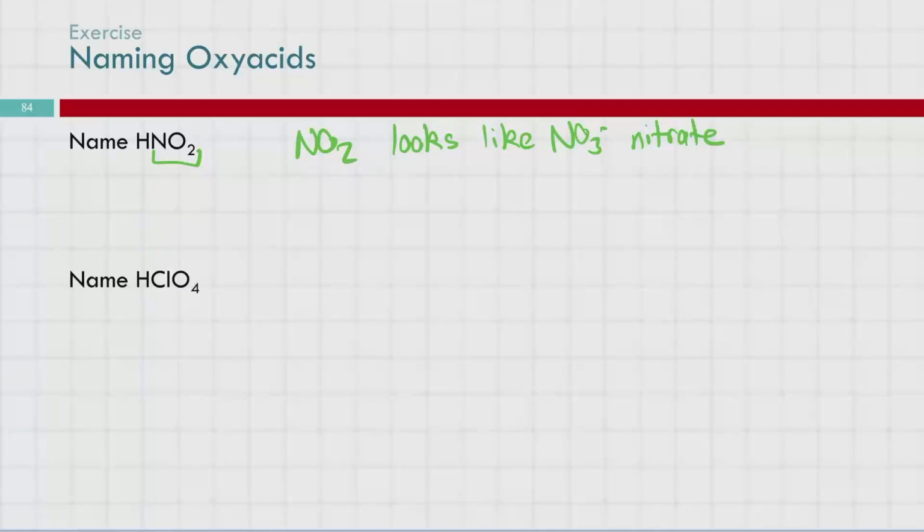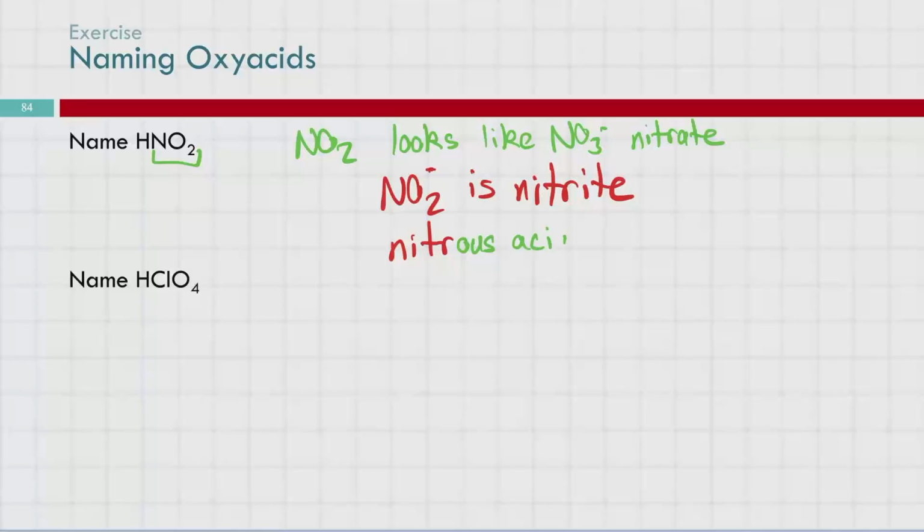That's one fewer oxygen. NO2 is nitrite because we took one of the oxygens off. And it has to have the minus, otherwise it would just be a molecular compound. So NO2 minus is nitrite. We change the ending of ite to us, and we add acid to the end. This is nitrous acid.